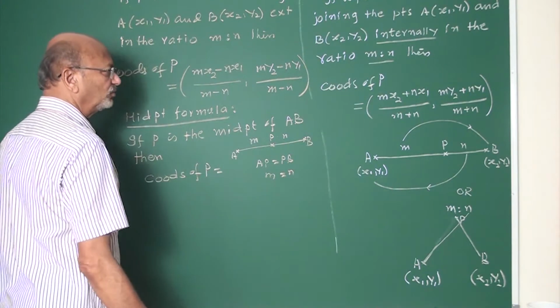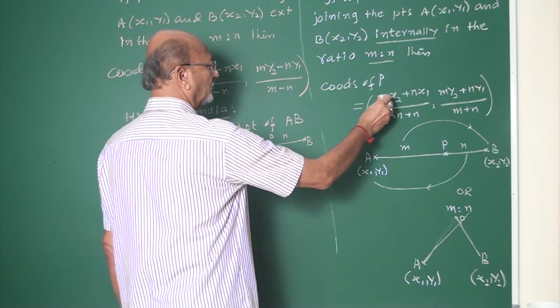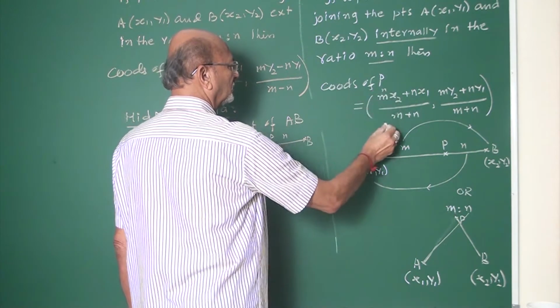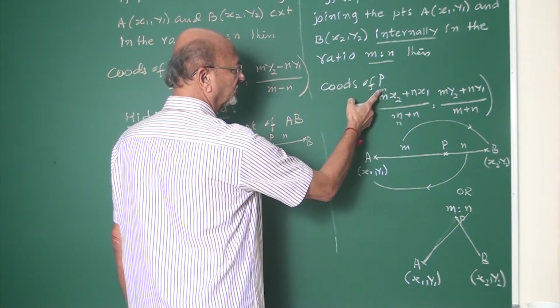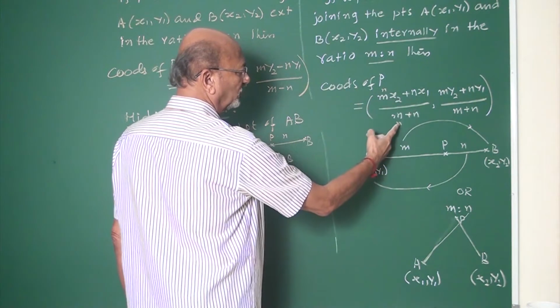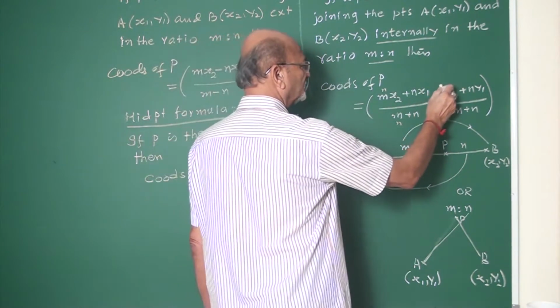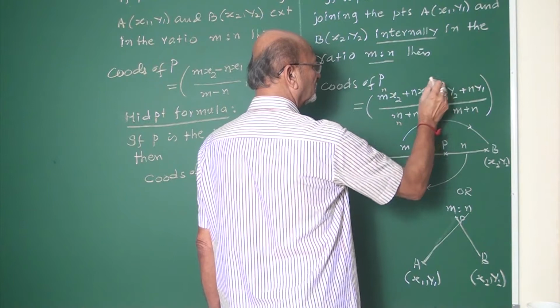If you put m equal to n here, n is common. If you take n common, x2 plus x1 upon 2m, m cancels. Once again, m is n.